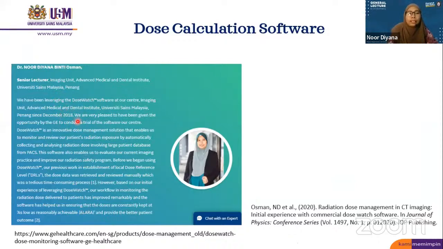They proposed one year, but until now we are still getting the free trial. It's good because we connect it with our CT scanner, and we send all the dose reports and images to the Dose Watch, and it helps us calculate the effective dose and organ dose.